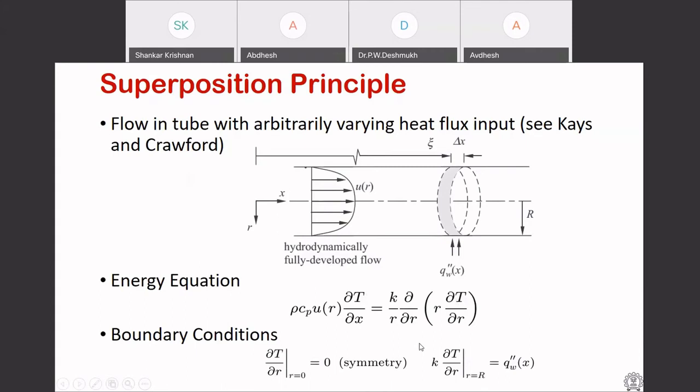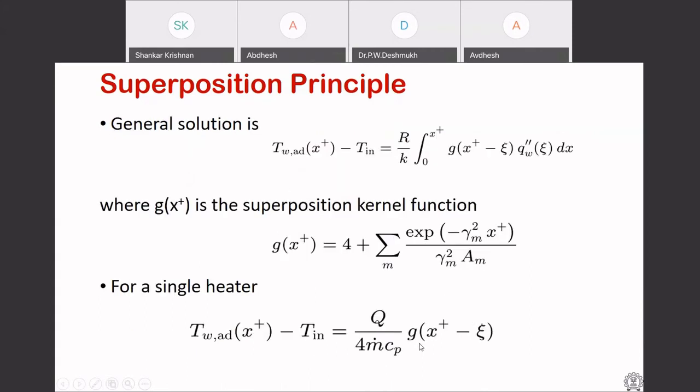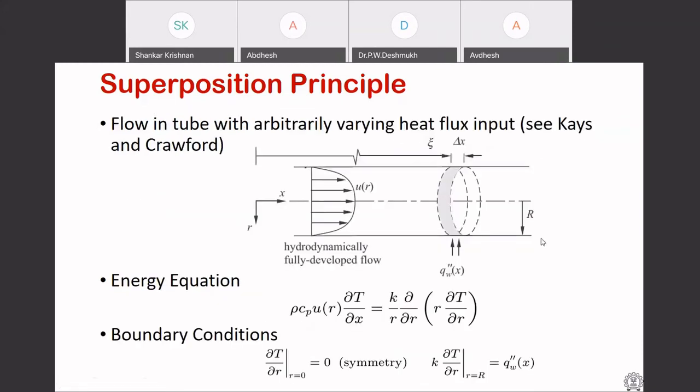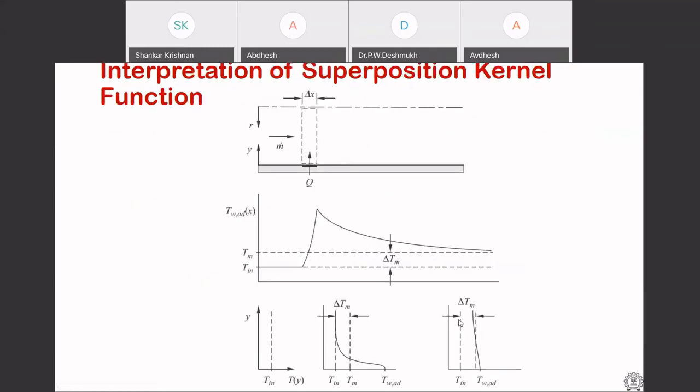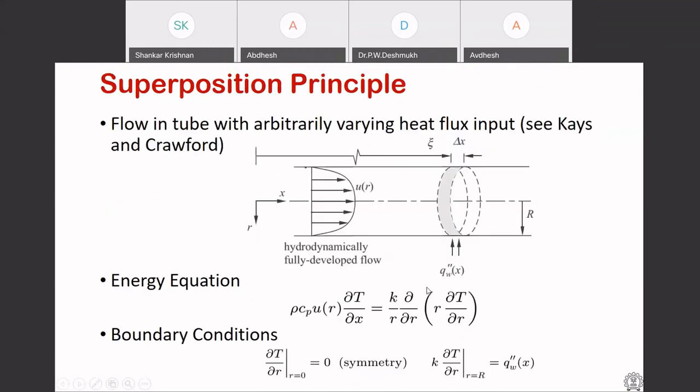So this is well documented in the Pace and Crawford textbook, that if I have a tube whose outer wall flux is varying arbitrarily as a function of its length, then you can see this boundary condition that is specified right here.